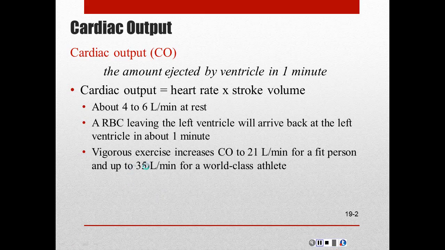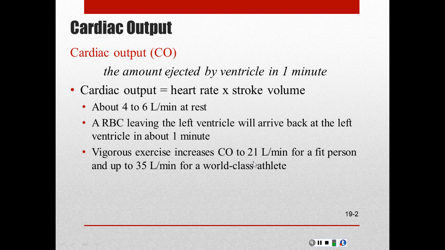Alright, so now that we have an understanding of cardiac output and how to calculate our heart rate and our stroke volume, we have to know that cardiac output is going to vary with activity. If the person is taking part in vigorous exercise, that cardiac output is going to be a lot higher.